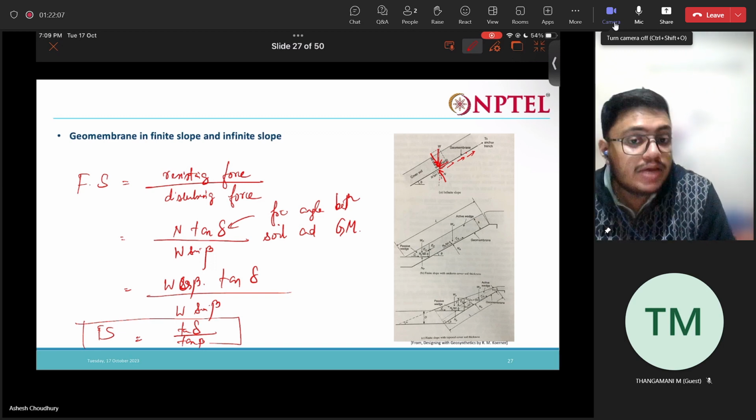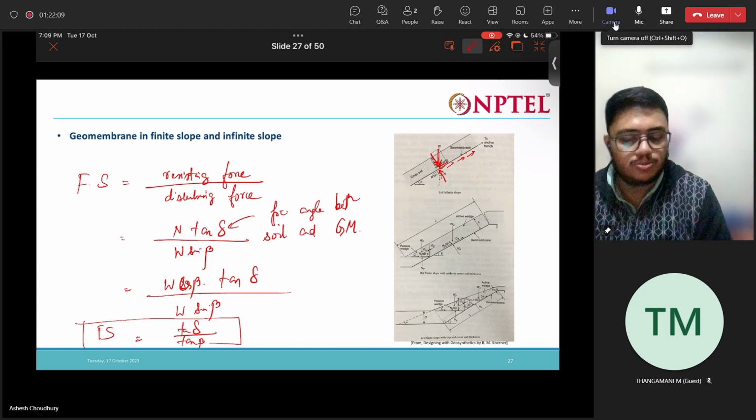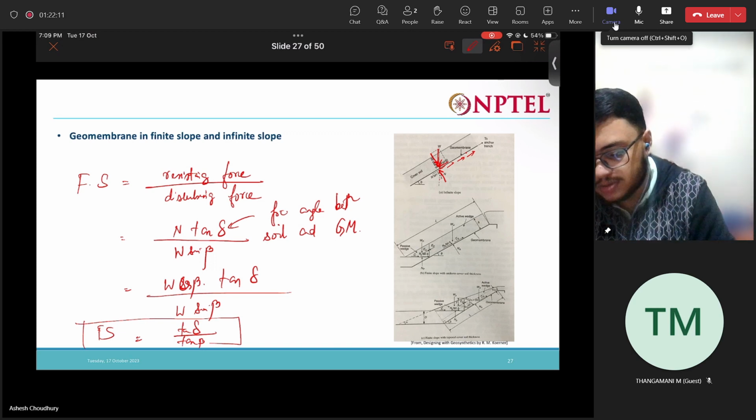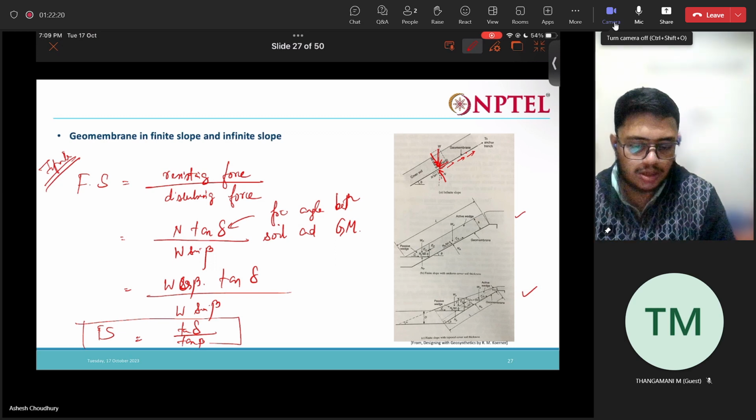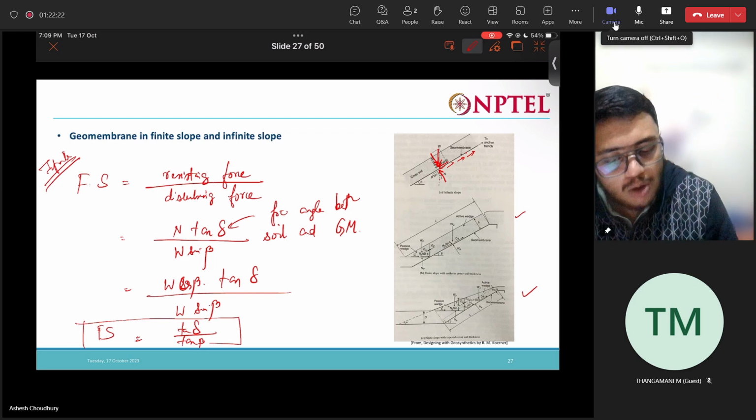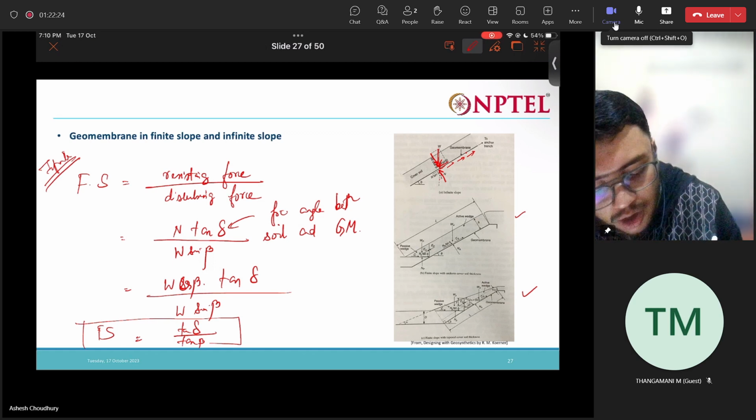Okay, then we have the case of finite slopes. This was the case of infinite slope. Then we have the case of finite slope. There are two cases in finite slopes. In finite slopes, one is that you have a uniform covered soil.